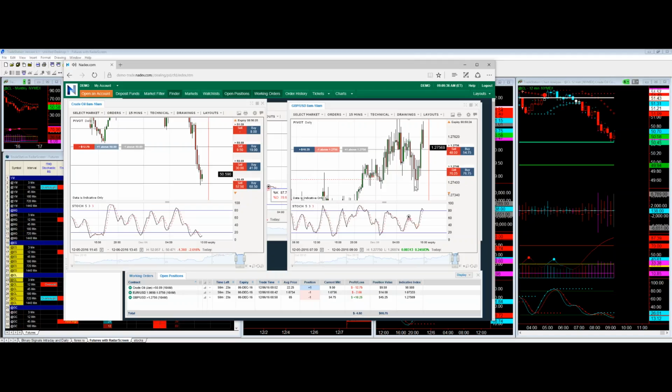If you're using the stochastics and Nadex, you can see that you just made divergence on that one as well. Mine's just a little bit cleaner, and it gives you the little dots to connect the lines. But you can see you were making lower lows and higher lows.